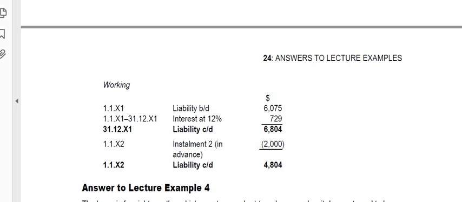So we subtract the advance rental payment of 2,000 to give us the closing balance at the beginning of 1st January X2, which becomes our non-current liability portion at December X1, and the installment of 2,000 becomes our current liability at December X1.